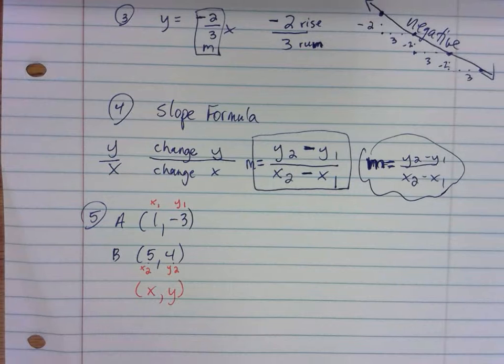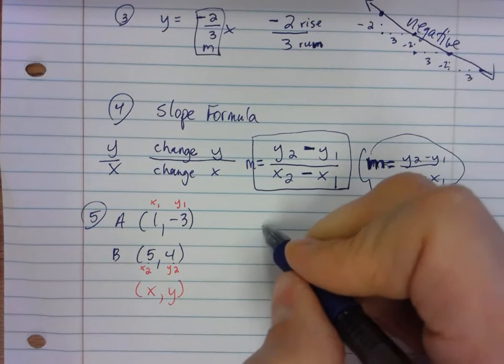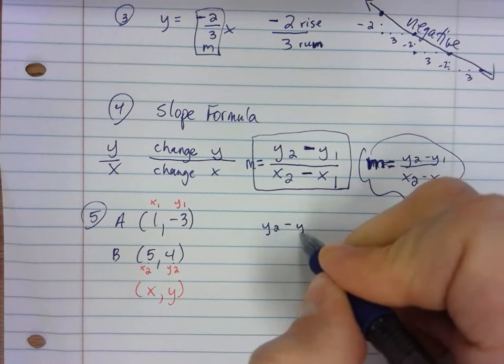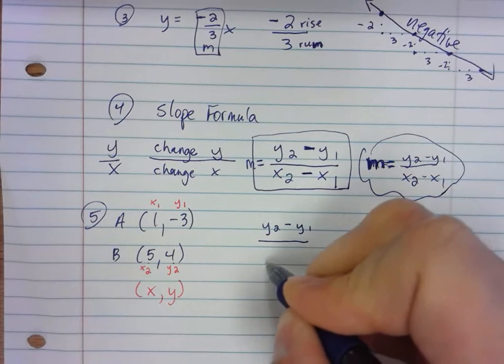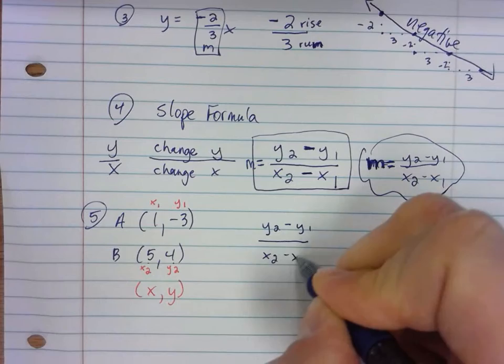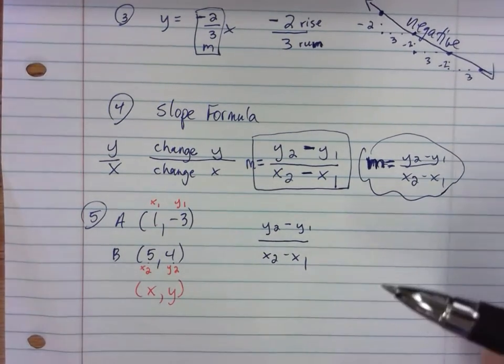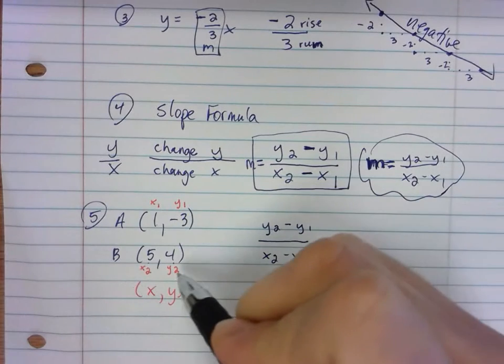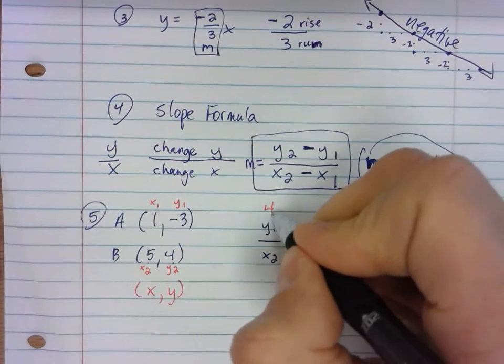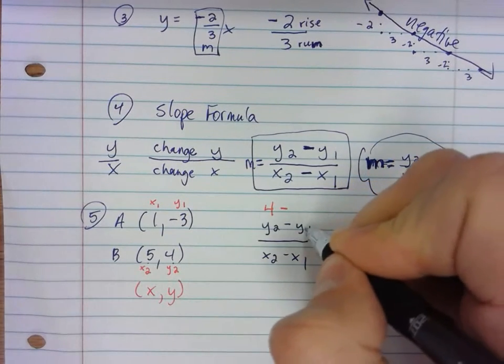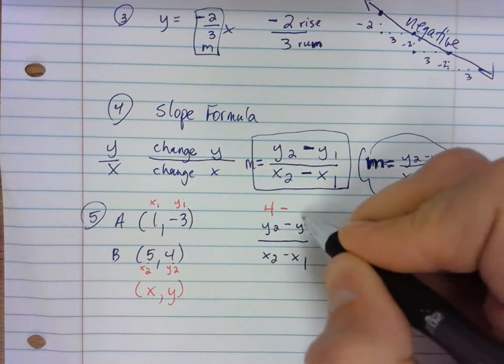All right, y2 minus y1 over x2 minus x1. I'm going to put each one of these in the right spot, and then we'll go through and work it. Okay. So my y2 I have here is 4 minus my y1, which is negative 3.